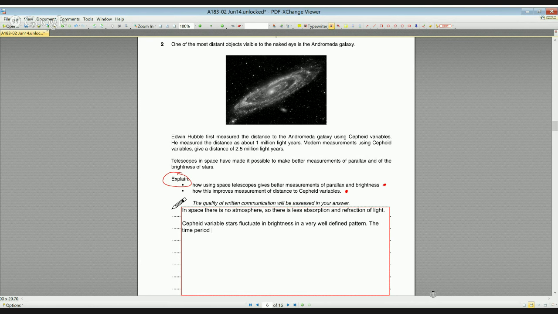The time period for these fluctuations, so how long it is between each peak of brightness, is related to the luminosity of the star. By comparing brightness and luminosity, an estimate can be made of the distance to the star.